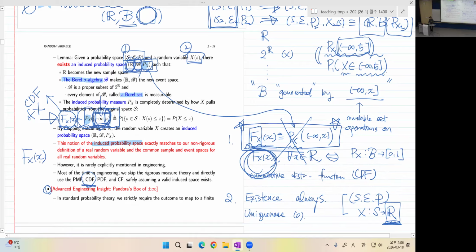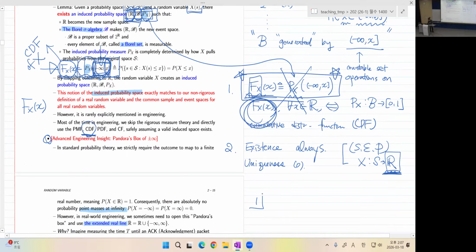Got it? So please remember this one. The CDF fully describes a random variable. And in engineering or mathematical jargon, we say the CDF of a random variable characterizes the random variable. Got it?